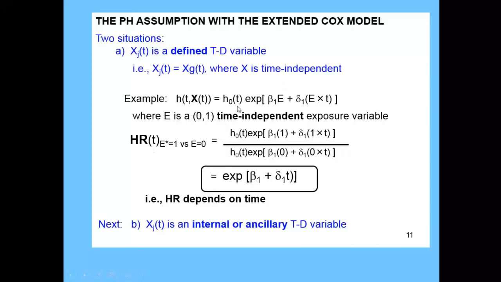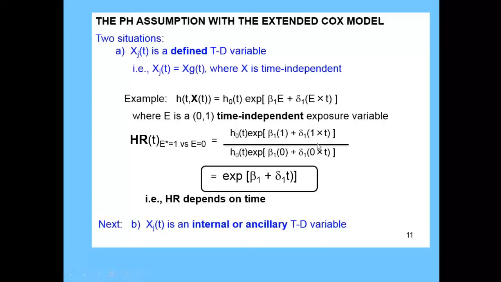Exposure is time independent, so they're always exposed or always unexposed. I write the hazard ratio, plugging in 1 for E in the numerator and 0 for E in the denominator. When I do the algebra, the baseline hazard function cancels out.